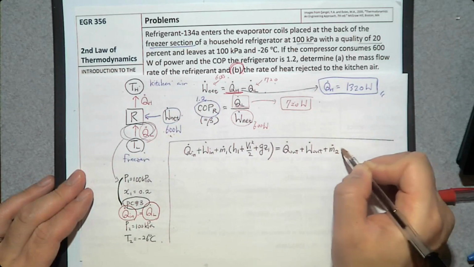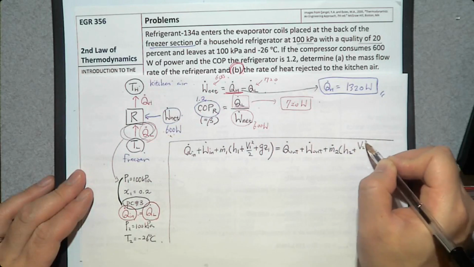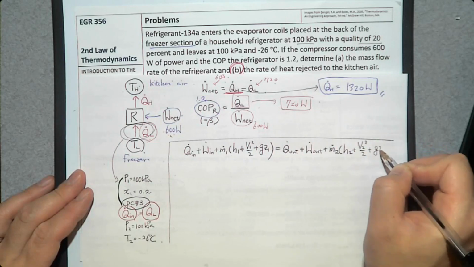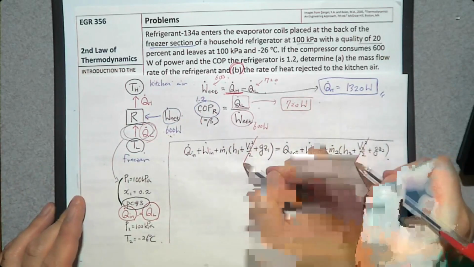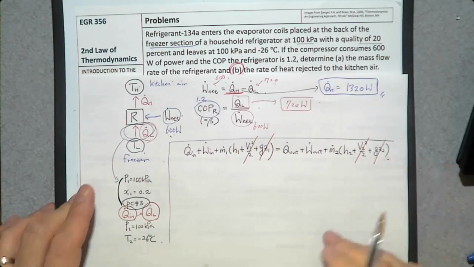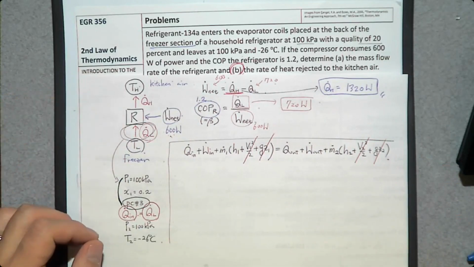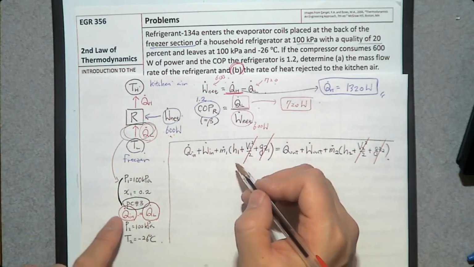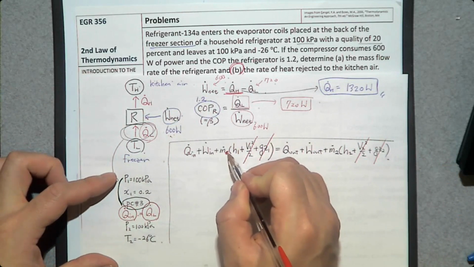Exit is number 2. This one has enthalpy, kinetic energy, and potential energy. We can first neglect kinetic energy change and potential energy change because this is a simple heat exchanger. And there is only one inlet, one exit, so you can remove the subscript for m dot.